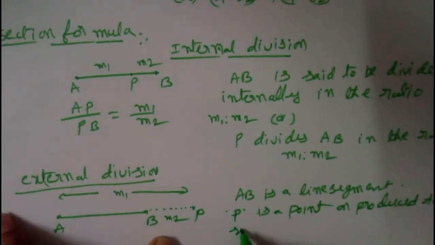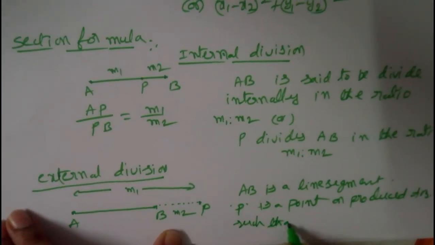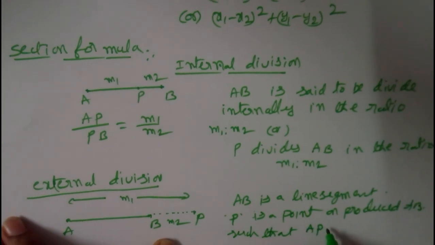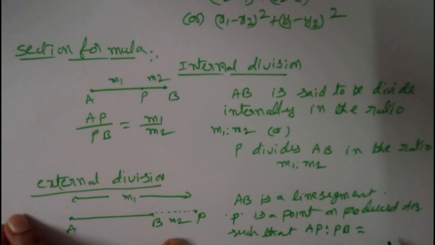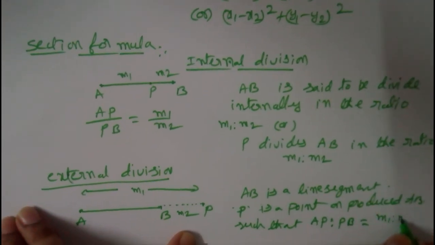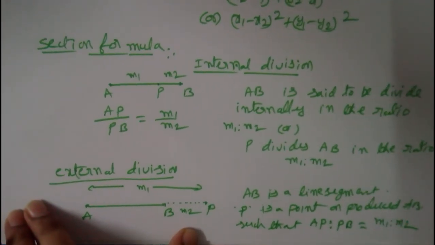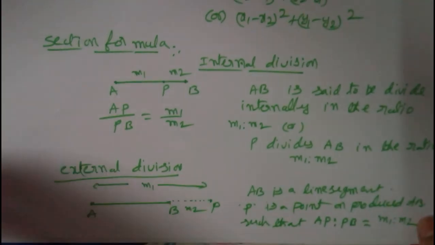Such that AP is to PB is equal to m1 is to m2, or AP by PB is equal to m1 by m2.